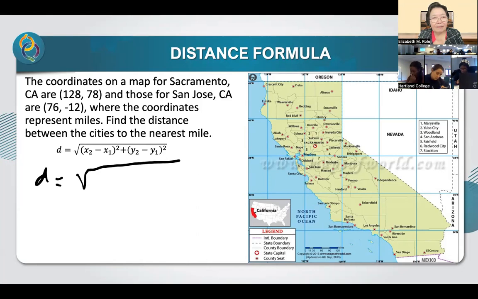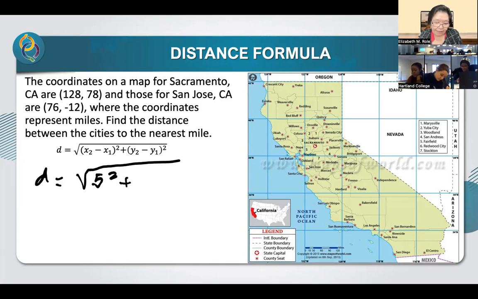So x sub 2 minus x sub 1, we can just begin with 128 minus 76. So 128 minus 76 gives you 52, right?